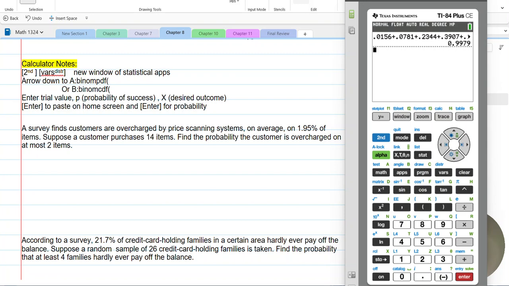You're going to arrow down to the one that says binomial PDF, and that is if we have exactly a number, and CDF if less than or equal to or greater than or equal to occurs. And we're going to have to use cumulative.